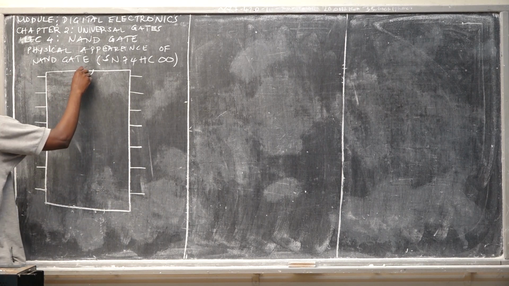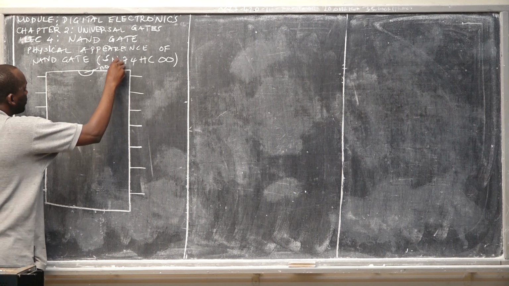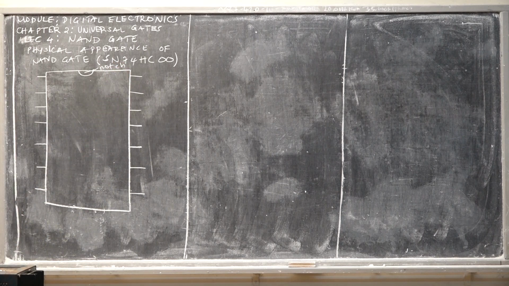This one we call the notch. The notch helps us know the universal numbering of the integrated circuit. So how do we number? This is pin number 1, 2, 3, 4, 5, 6, 7.